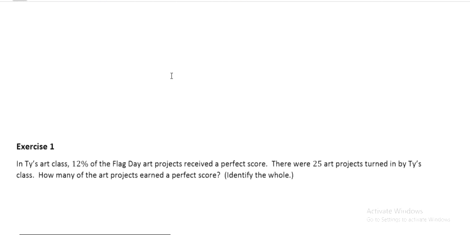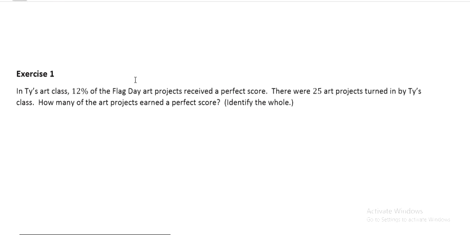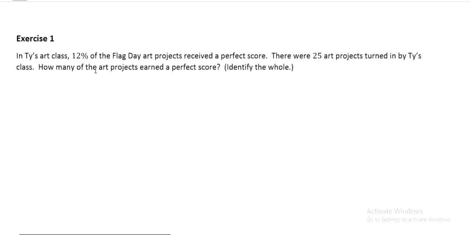So we'll continue on with exercise 1. We're going to do the same idea, use a tape diagram to help come up with the answer. In Ty's art class, 12% of the Flag Day art projects received a perfect score. There were 25 art projects turned in by Ty's class. How many of the art projects earned a perfect score? It says identify the whole.